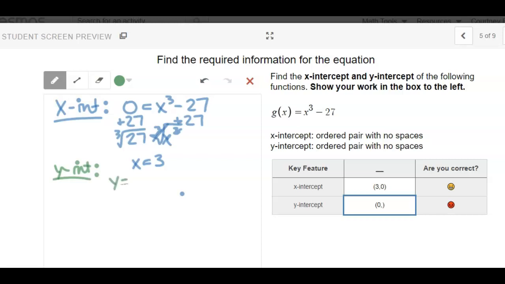So y equals not x cubed, but 0 cubed minus 27. Well, 0 cubed is just 0, and 0 minus 27 is negative 27. So I'm going to go over to my keyboard, and I'm going to type in for the y value, negative 27. There we go. Wonderful. So again, substituting 0 where it belongs.